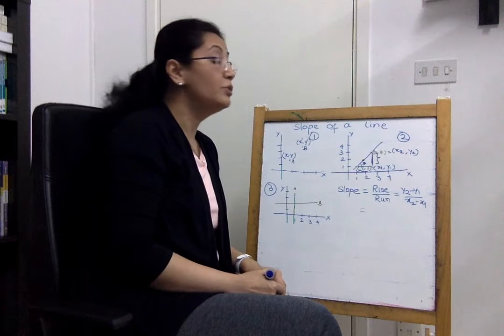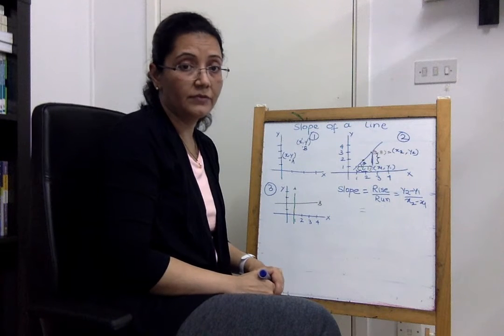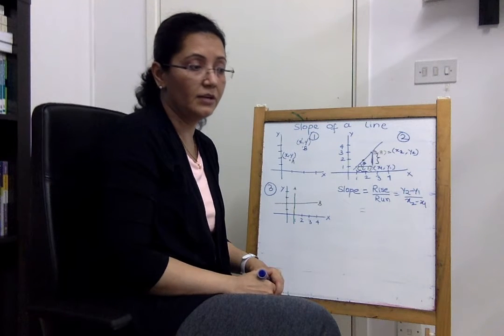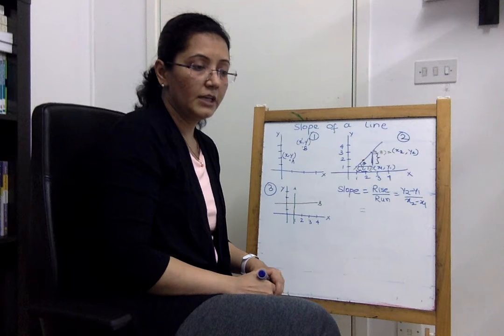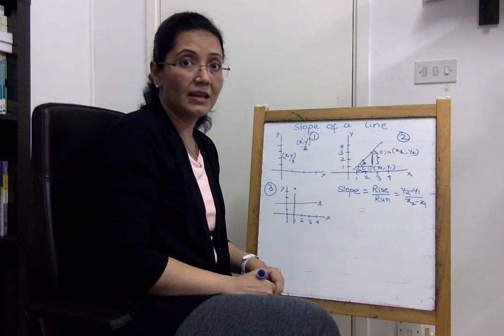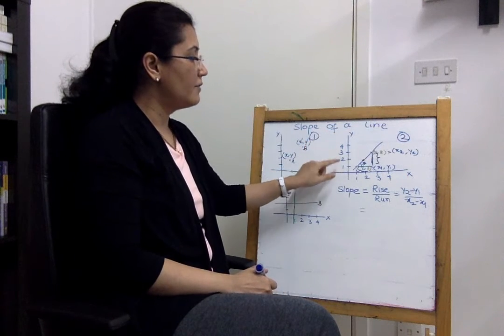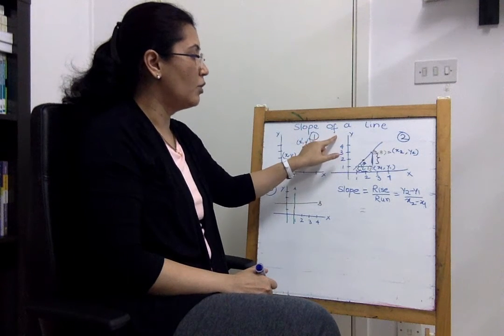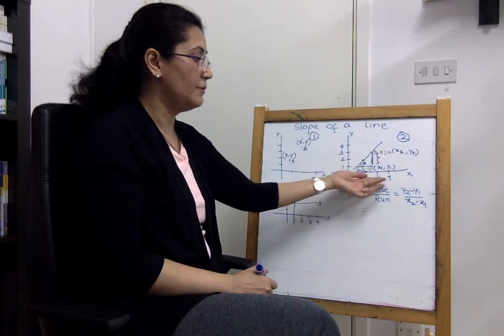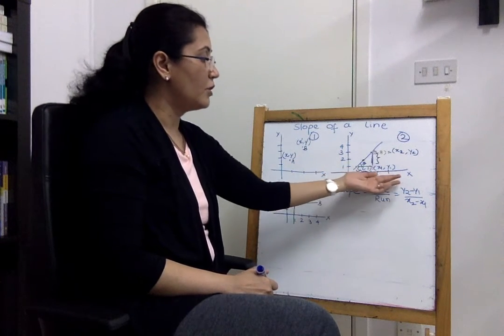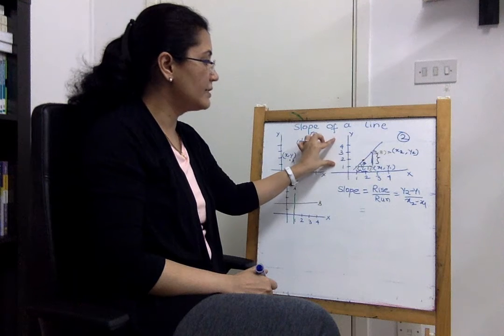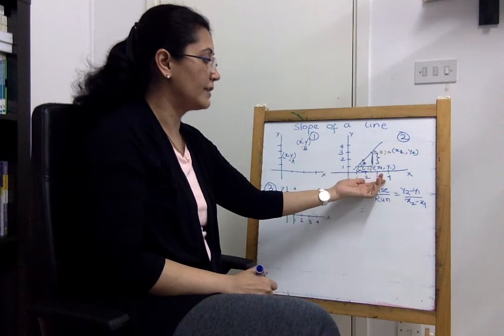Now, where do we use this slope in real life? Where do we see this in a real life scenario? You can say that when we find speed. Suppose I have the distance on the y-axis and the time plotted on the x-axis.